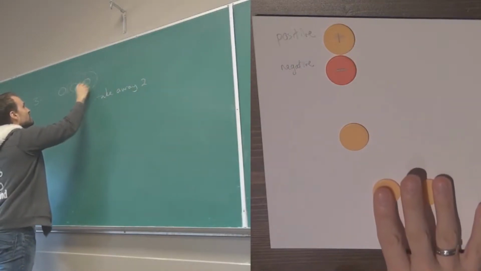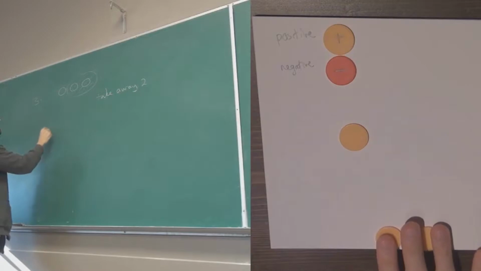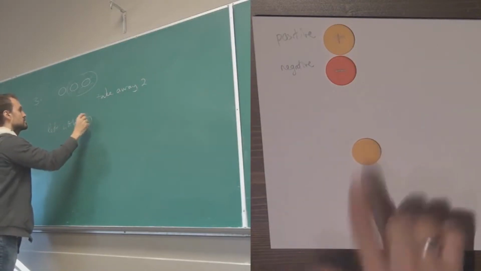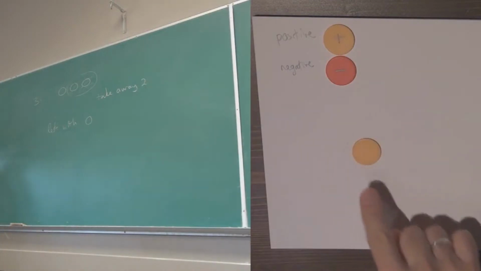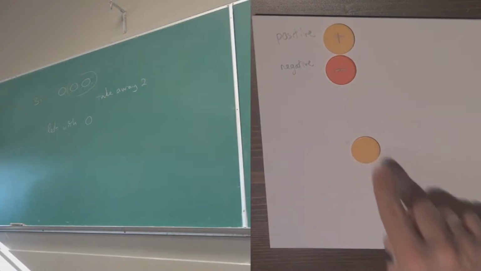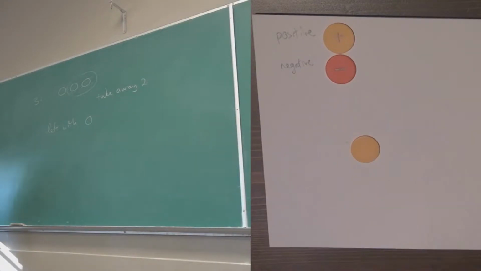So these are gone, take them physically away. I'm left with just that chip, and therefore the answer is 1. Writing this on the board is what I have to do, but of course kids respond much better to touching tokens and flipping them, whatever. So basic subtraction is still fine. We'll come back to this in a second, where my answer is negative.